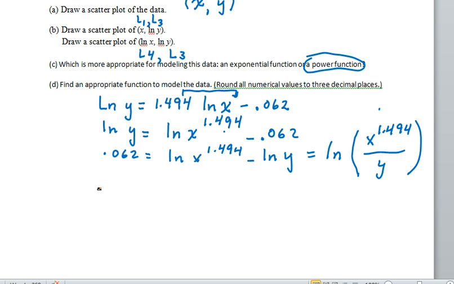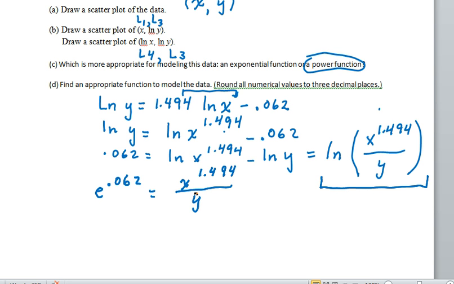On the left, we'll get e to the 0.062. On the right, when we take e to this power, remember that exponentiating base e is the inverse of the natural log. So we will be left with the input there, which is x to the 1.494 over y.